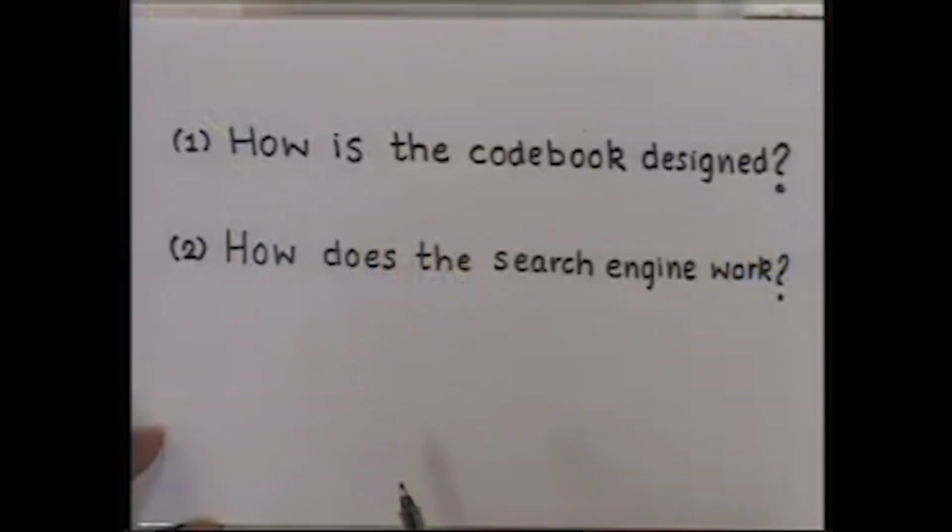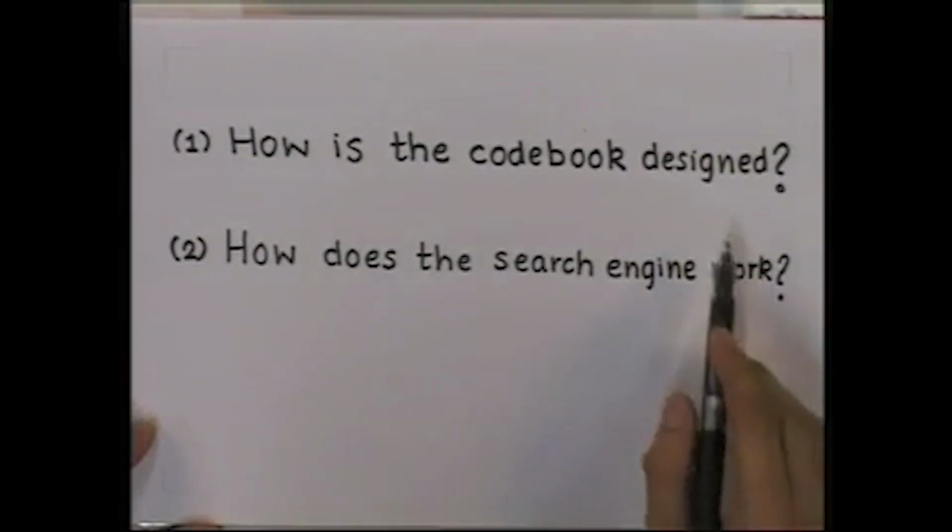Therefore, vector quantization is a very attractive encoding scheme for applications in which the resources available for decoding are considerably less than the resources available for encoding. Now, there are two important issues related to vector quantization, and these are: how is the code book designed and how does the search engine work.